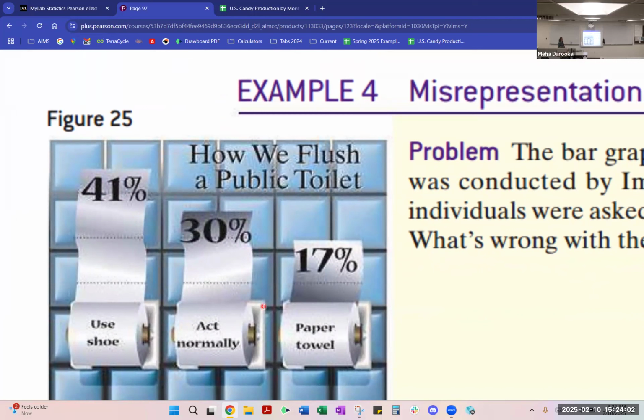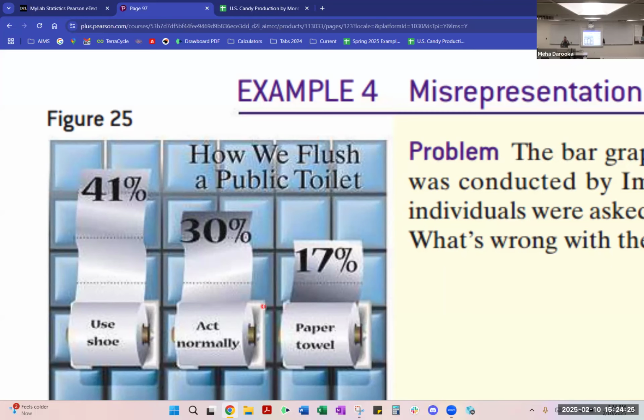And honestly, visually, a lot of people look at those things because that's what makes an effect. Now, if we were to put this on a scale from 0 to 17, 30, 41%, would we be seeing that big of a difference as what they're trying to show in this?